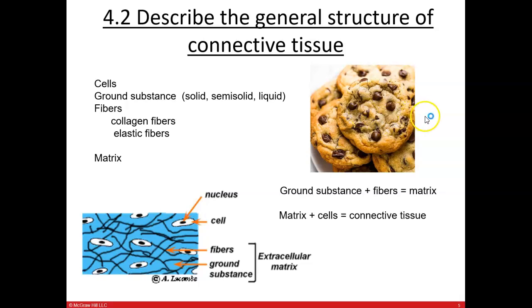And I put a chocolate chip cookie here not to entice you into wanting to eat cookies, but because it is a good representation of connective tissues. The chocolate chips would be the cells, and then the cookie dough in between would be the matrix. So the cells don't necessarily touch each other in most connective tissues, but they have this matrix in between, and that matrix is going to give them a unique characteristic.